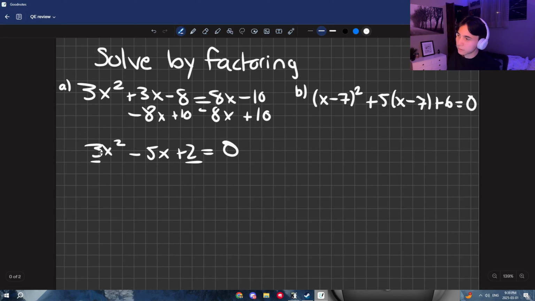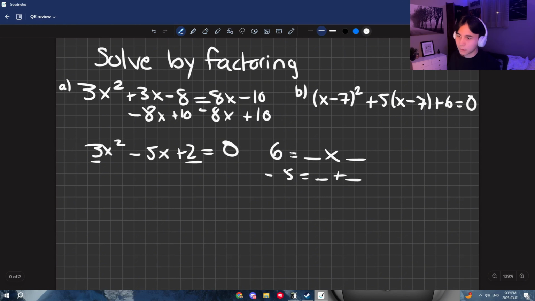Now we can just factor this. We're going to factor by decomposition since we have a number in front of our x squared term. So we have 3x squared, and a times c gives two numbers that multiply to give us 6 and add to negative 5. The factors of 6 are 1 and 6, and 2 and 3.